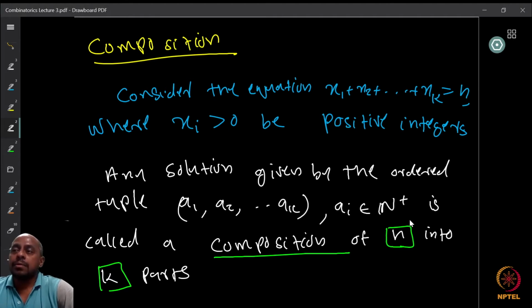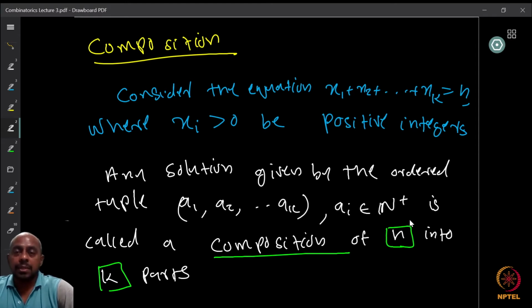Okay. So if you have the equation exactly the same, x1 plus x2 plus etc. xk is equal to n, where xi is strictly greater than 0, a positive integer, right? The xi's are positive integers. Then again, any solution given by the ordered tuple a1, a2, etc., ak, where ai belongs to the positive integers, is called a composition of n into k parts.